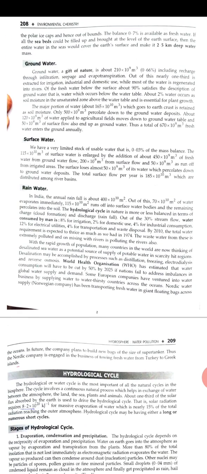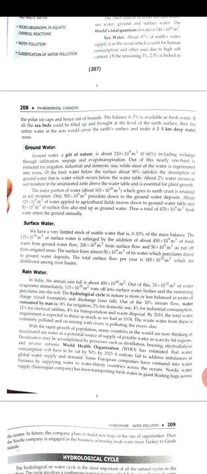We have a very limited stock of usable water, that is 0.03% of the mass balance. The 115 × 10^10 m³ of surface water is enlarged by the addition of 450 × 10^9 m³ of fresh water from groundwater flows, 200 × 10^9 m³ from surface flows, and 50 × 10^9 m³ as runoff from irrigated areas.